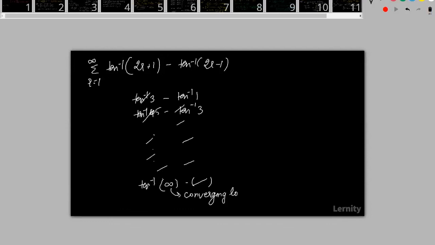This part will almost become pi by 2, and minus tan inverse of 1 is nothing but pi by 4. So the whole thing will become equal to pi by 4. Okay, so this will be the answer, pi by 4.